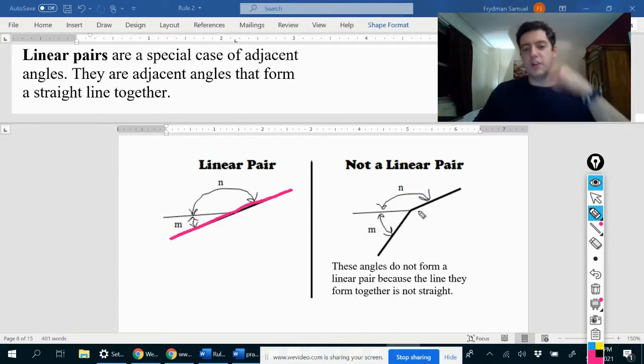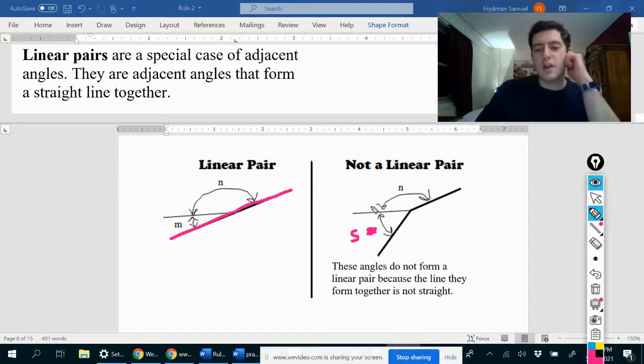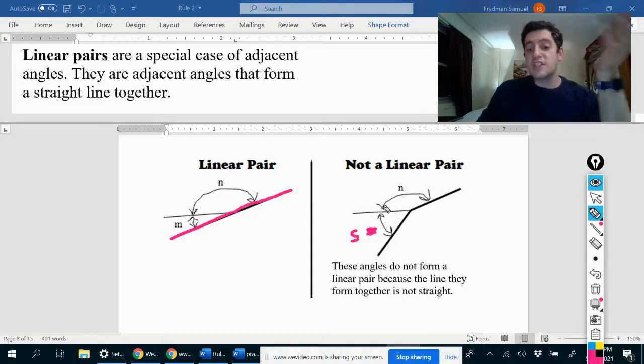These are not a linear pair, so these are adjacent still. I don't know why I'm calling this angle M again. Because I said angle M over here was like that, so this one looks bigger. I'm going to just pick a different letter. Let's call that angle S. Okay, so angle S and angle N, they're still adjacent.